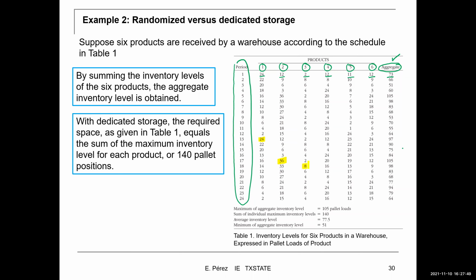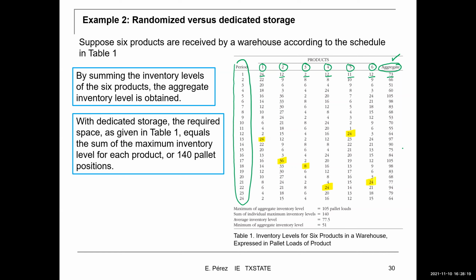Product 4, 24. For product 5, 24 again. And for product 6, it's 24 again. So if I'm not wrong, this should be the maximum for every column.